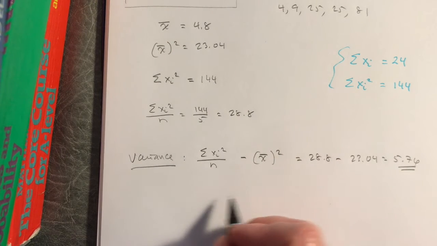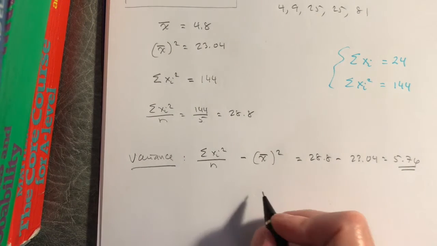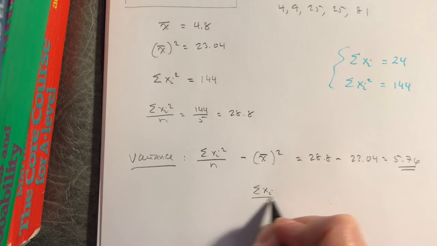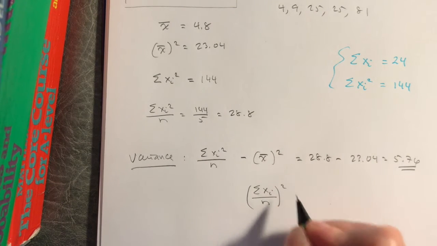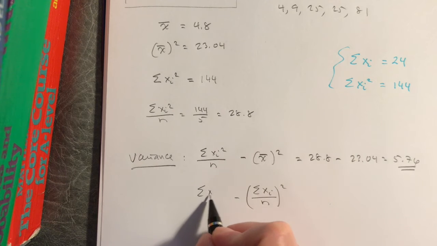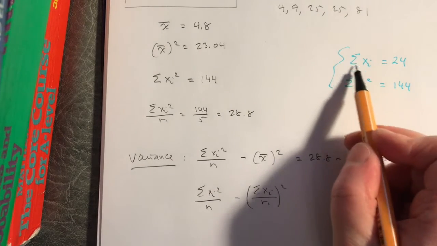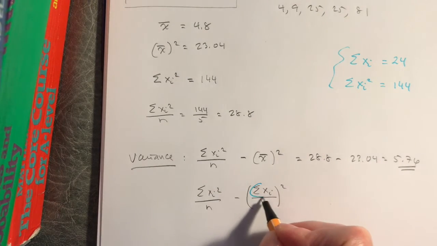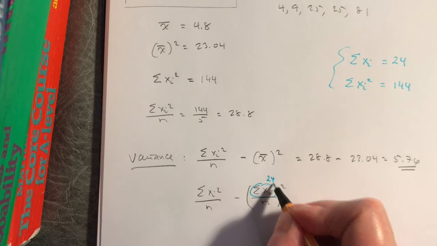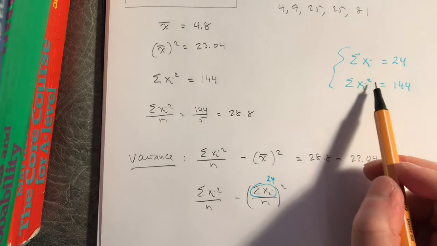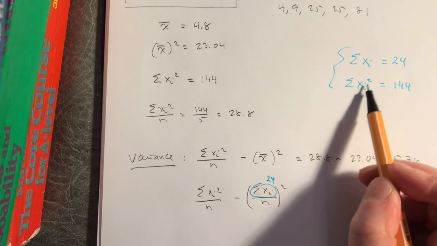We know that x bar is the summation of our data points divided by n, and that piece stays as it is. So the summation of our xi's is 24. That number right there is 24. And the summation of our data points squared is 144.